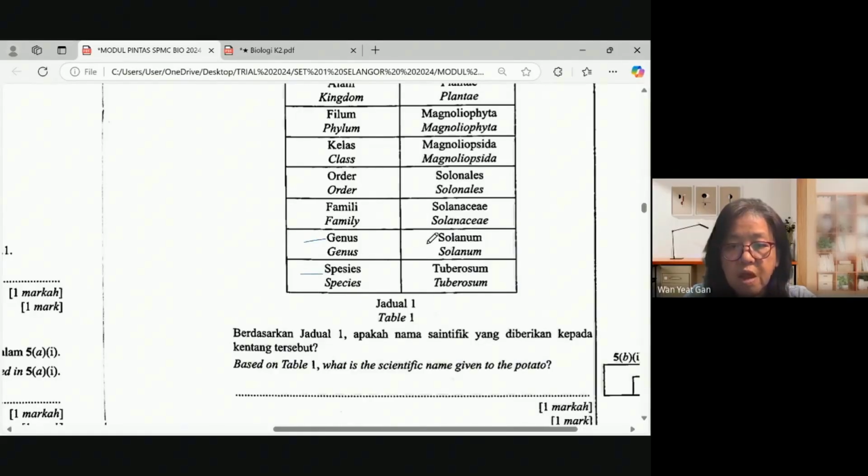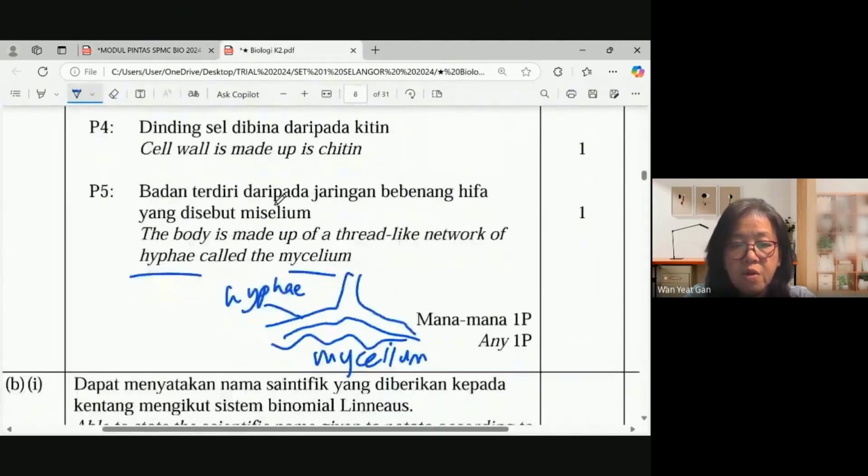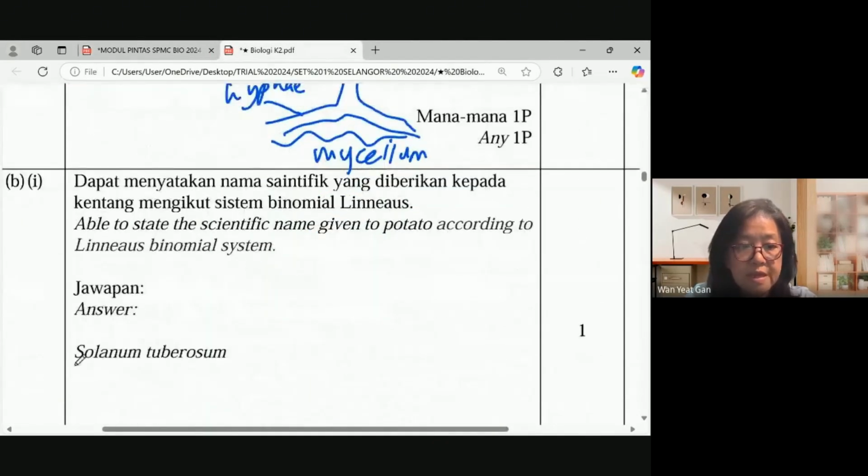So it's Solanum tuberosum. But the word Solanum must be written in capital letter and the species name must be written in small letter. Now, if you handwritten it, then it has to be underlined separately.